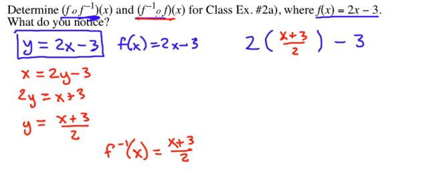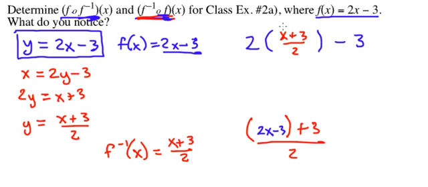The other thing they want is start with the inverse function, which is (something plus 3) over 2. And this time, this isn't just an x. They want us to put the entire function f inside it, meaning 2x minus 3.